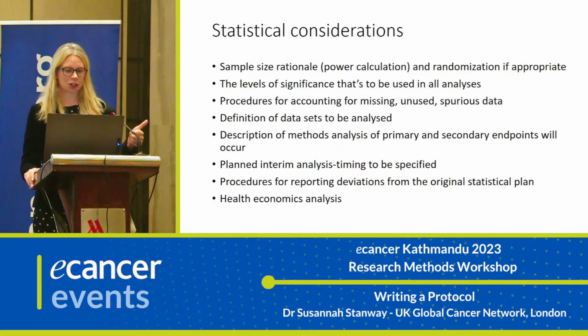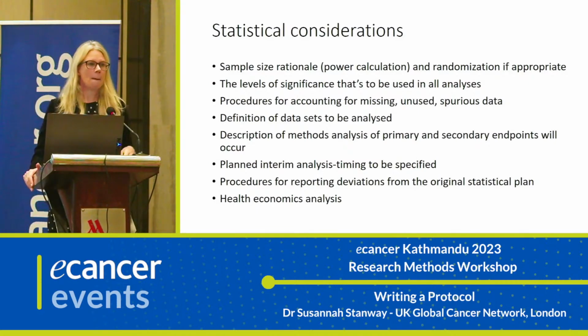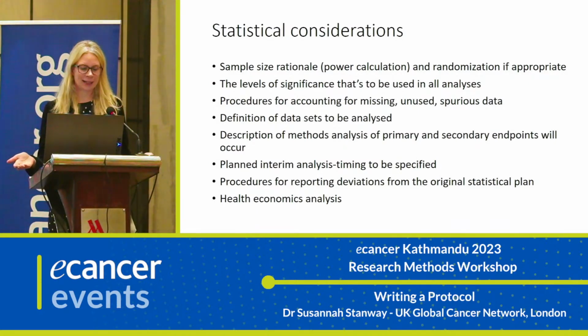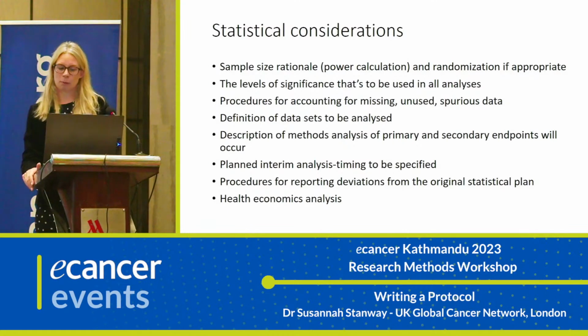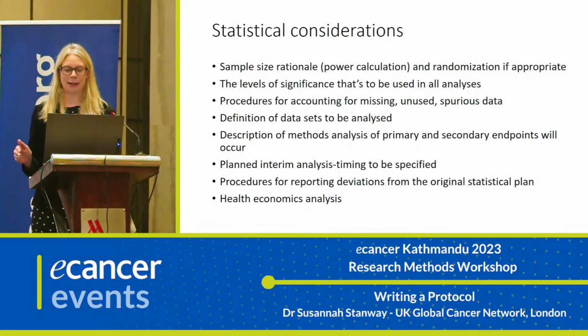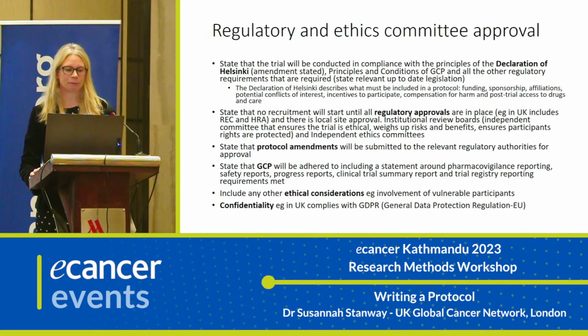The sample size rationale, your power calculation and randomization, as we've just discussed, the level of significance to be used in all analyses, procedures for accounting for missing, unused or spurious data, definition of which data sets you're going to analyze, descriptions of the methods of analysis for your primary and secondary endpoints, your planned interim analyses, if any, and the timing of those, all needs to be specified, and procedures for reporting deviations from your original statistical plan. And sometimes it's appropriate to have a health economics analysis as well in this section.